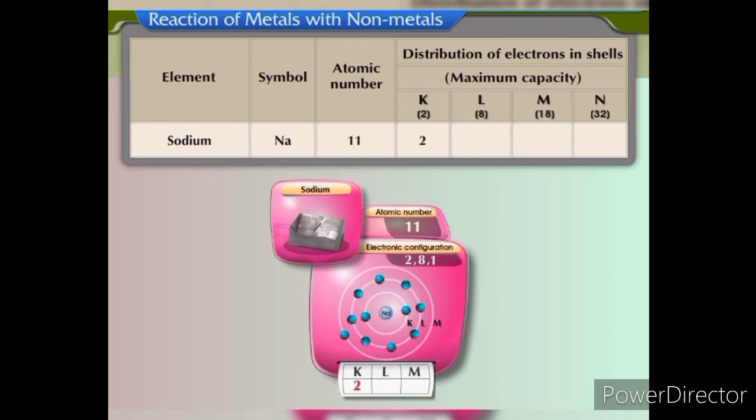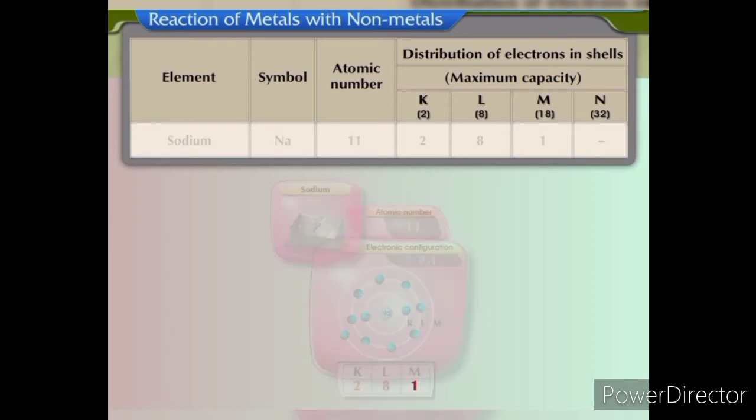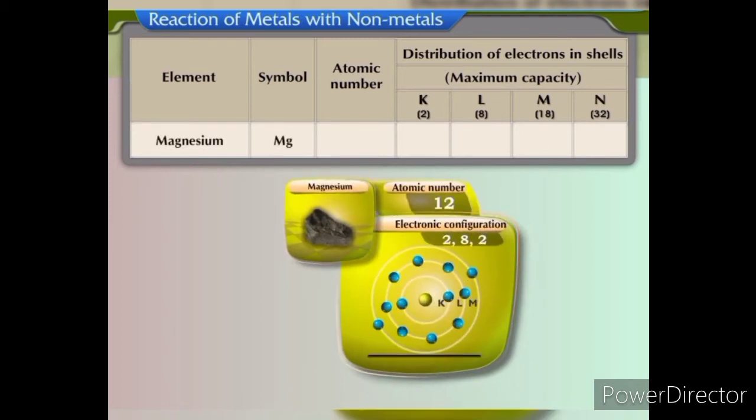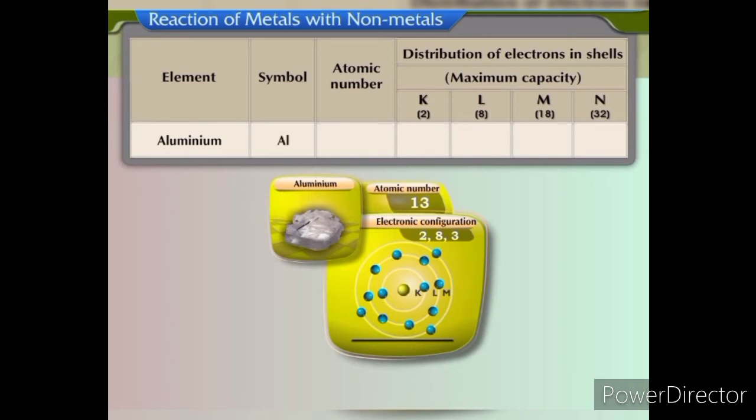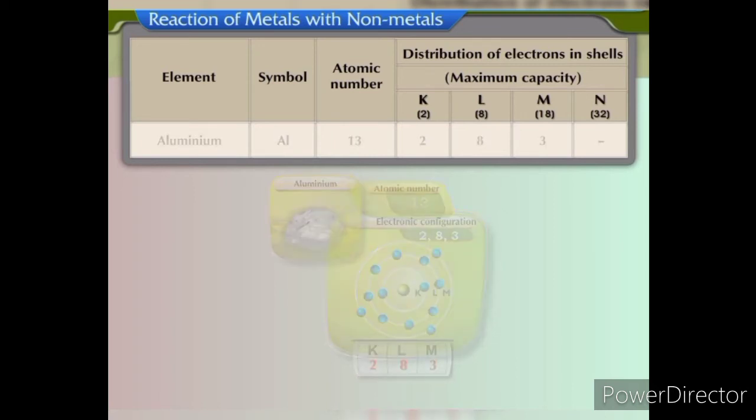Sodium, symbol Na, atomic number 11. There are 2 electrons in the K shell, 8 in the L shell, and 1 in the M shell. Magnesium, Mg, atomic number 12: 2 electrons in the K shell, 8 in the L shell, and 2 in the M shell. Aluminium, Al, atomic number 13: 2 electrons in the K shell, 8 in the L shell, and 3 in the M shell.